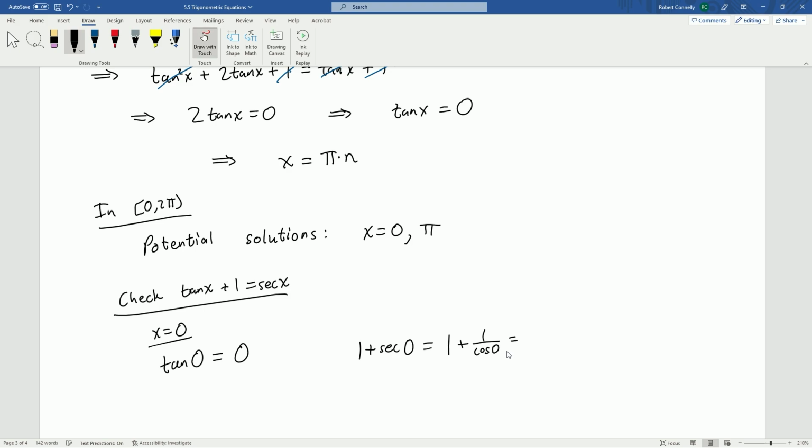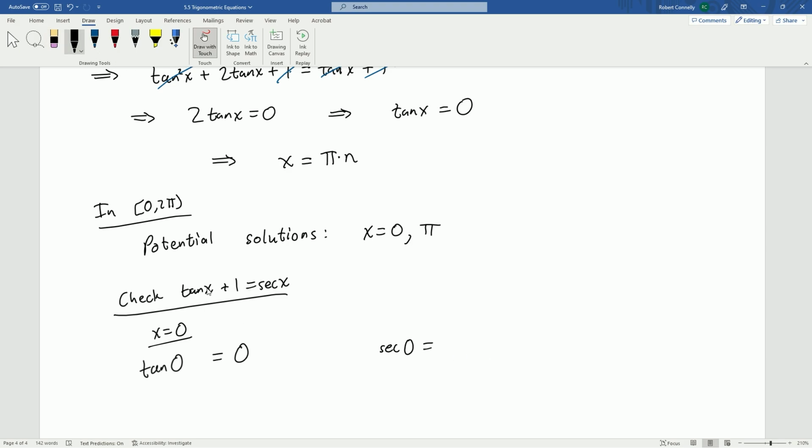Cosine of 0 is 1. Oops, I did forget a little something here. That left-hand side, I wrote this incorrectly. I put my 1 in the wrong place. My bad. Let's fix that. Sorry for any confusion there.